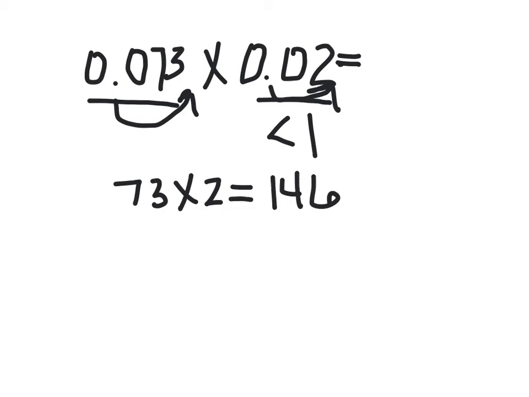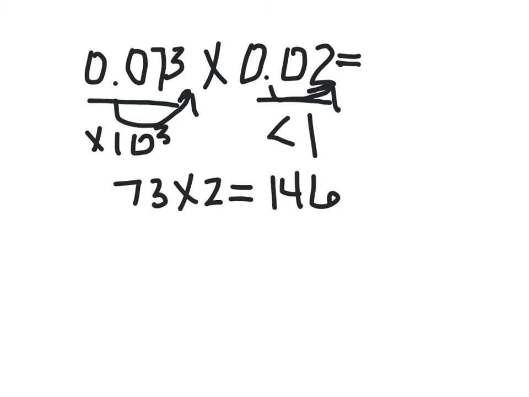Now, since we didn't estimate the answer to the problem, we can't use an estimate to determine where the decimal point goes. Instead, we're going to undo the changes that we made when we changed the factors to whole numbers. So when we changed 0.073 to 73, we multiplied by 10 to the third power, right?